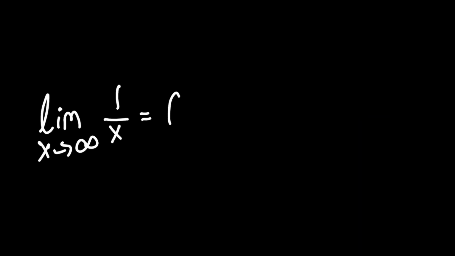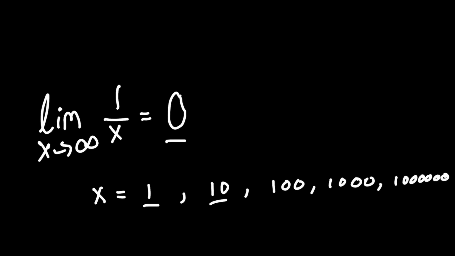Another way to think about this to show that our limit as x goes to infinity of 1 over x equals 0 is by using a numerical table and seeing what happens as we plug in x's that are larger than the last. Alright, so I have some x values that I want to plug in to our function, 1 over x, and we see that if x equals 1, then 1 over x equals 1 over 1.